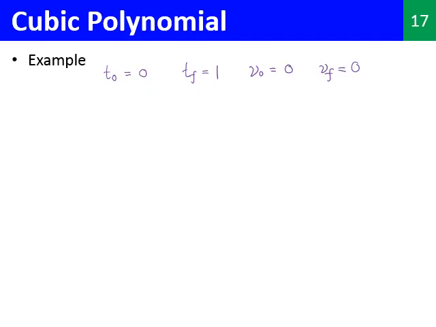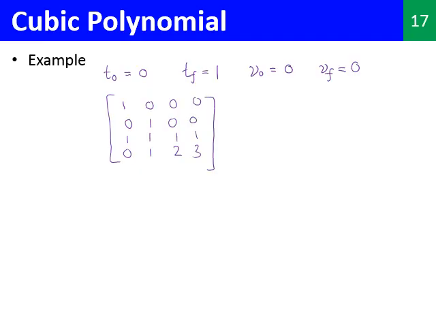So that means the manipulator would accelerate and finally it would come to a halt, right? With these values we would have the M matrix to be 1 0 1 0, 0 1 1 1, and 0 0 1 2, and 0 0 1 3.